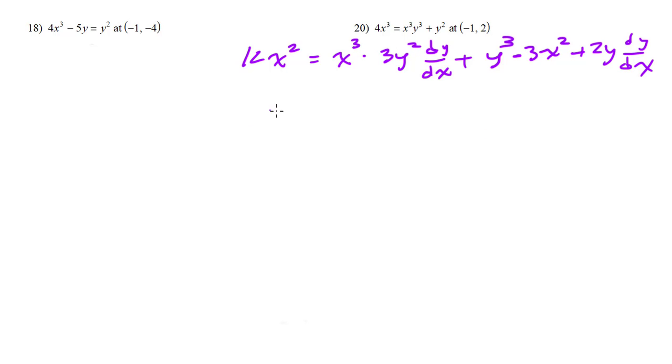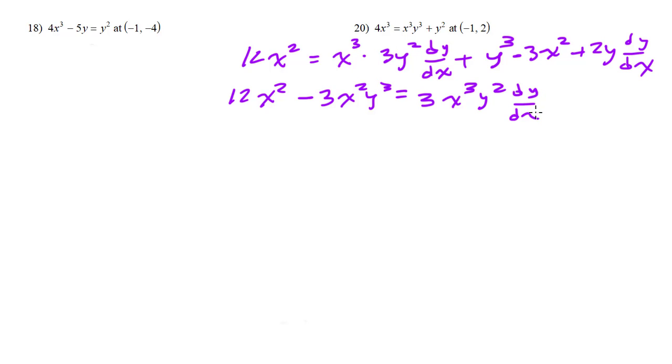All right, simplify this. So we have 12x squared, and we have to subtract this from the others, from both sides. This doesn't have a dy dx, so let's move it over to the left. That's 3. I just put it in order, 3x squared y cubed. And then we have all of our dy dx's here on the right side. Let's just put these in order and make sure they look nice. So this is 3x cubed y squared dy dx.